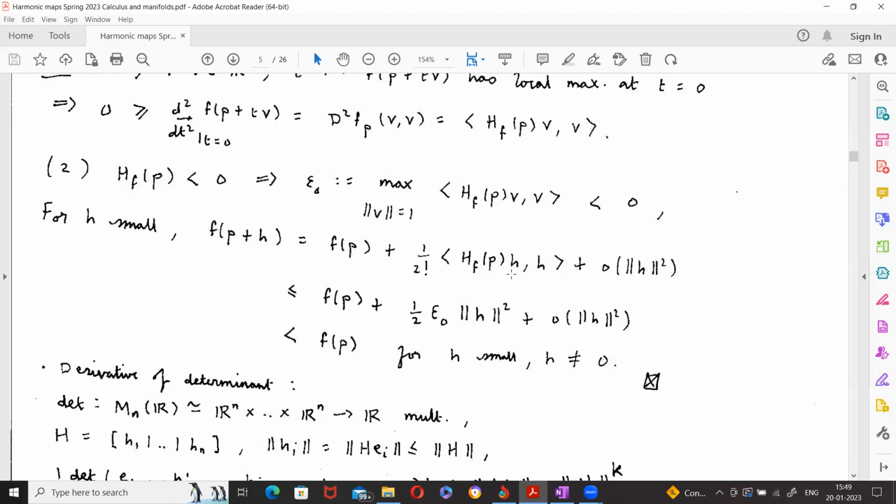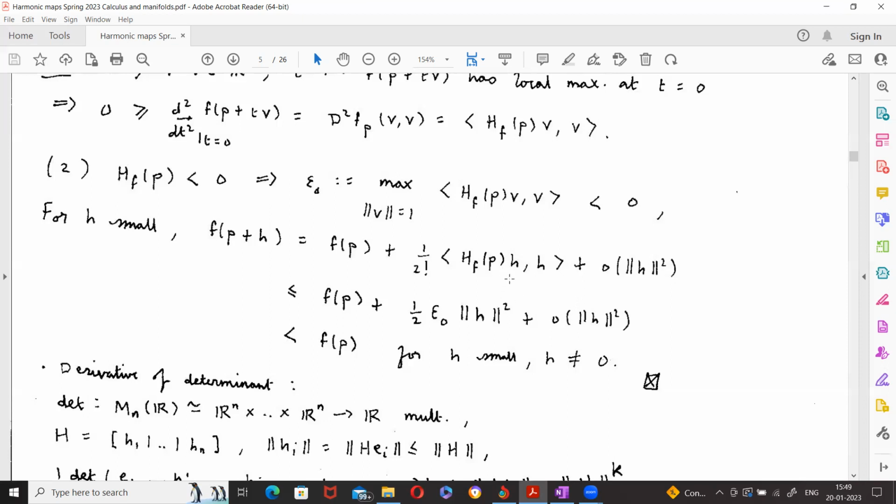Now, by bilinearity, this Hessian applied to h comma h, I can write the vector h as h divided by norm h, and h divided by norm h, times norm h squared, right?